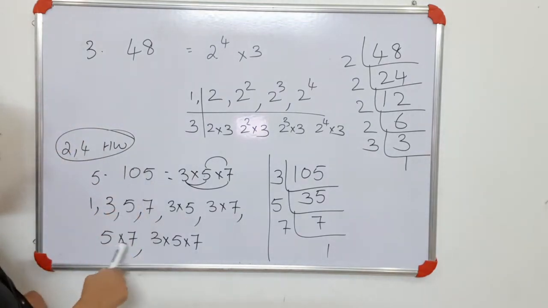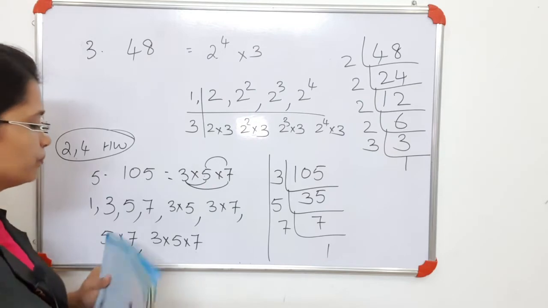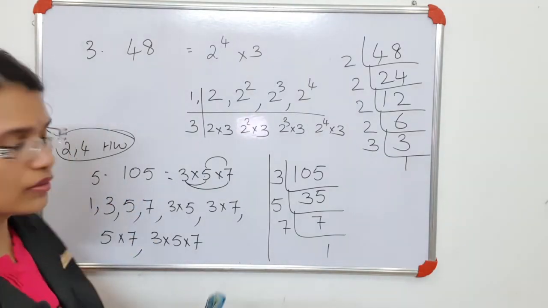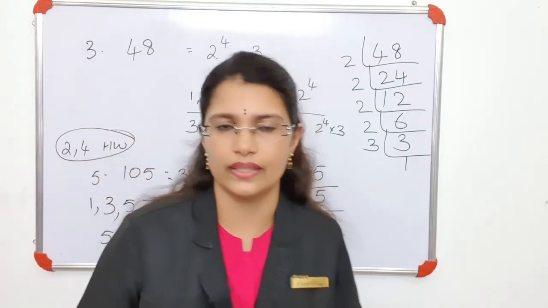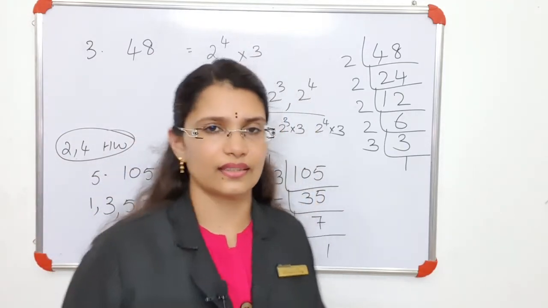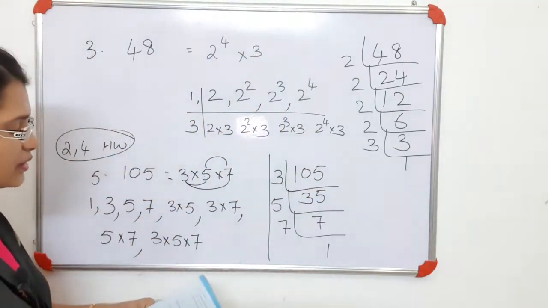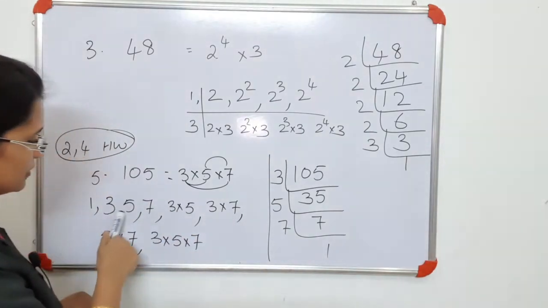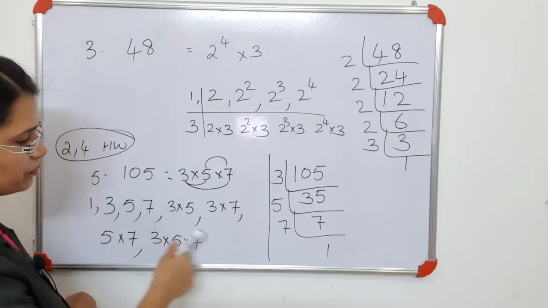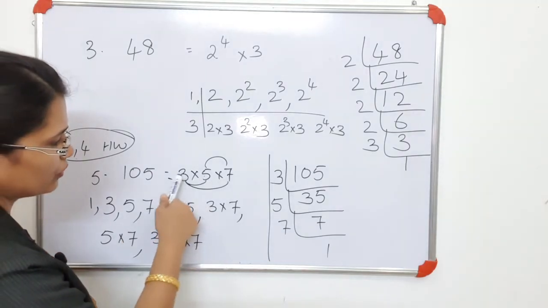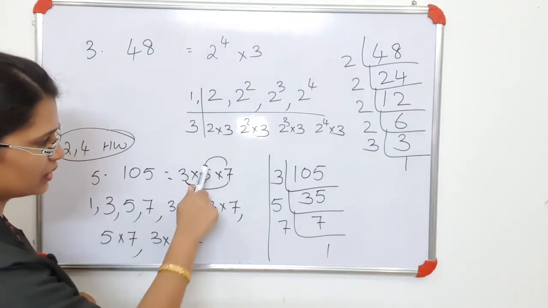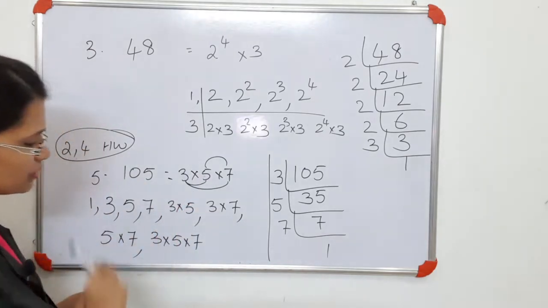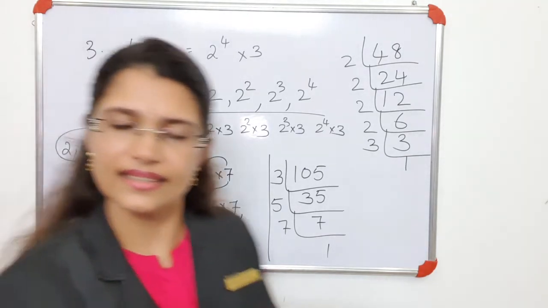Then 105 is divisible by 35, and then 105 by 105 is equal to 1. Okay, is this clear, children? First write 1, then 3, 5, 7 separately, then 3 into 5, 3 into 7, okay, then 5 into 7, then 3 into 5 into 7. Is this clear, children?